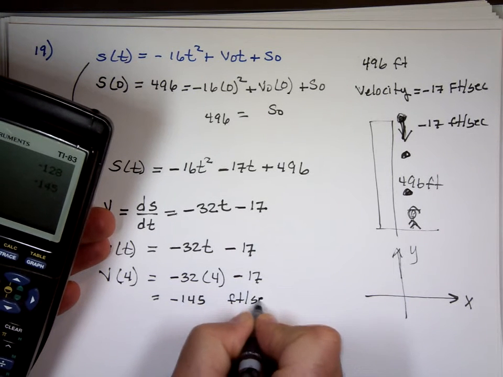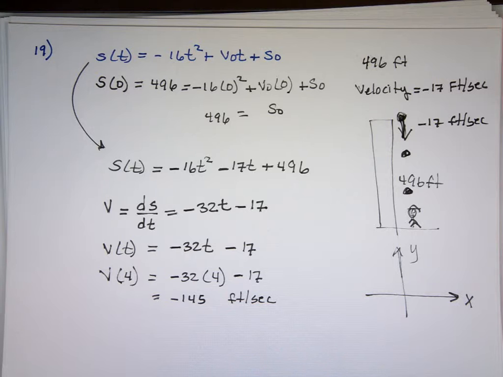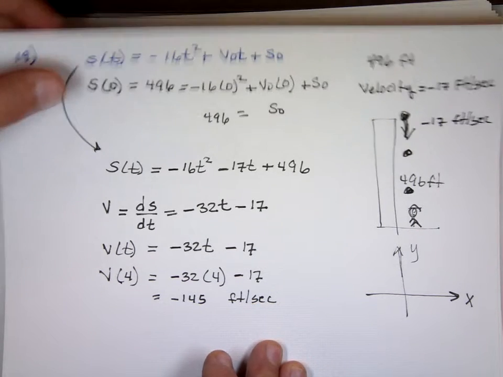So that rock is coming fast after 4 seconds. So that's part A. What's the velocity after 4 seconds? The next question, let me write it down here.